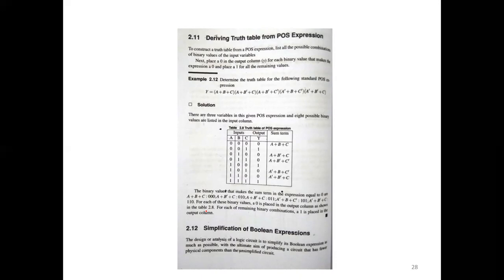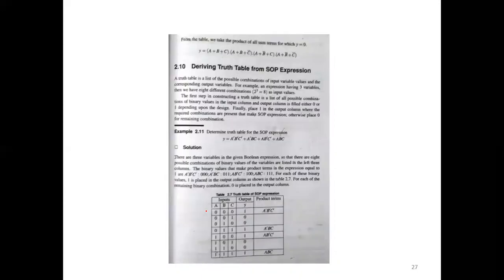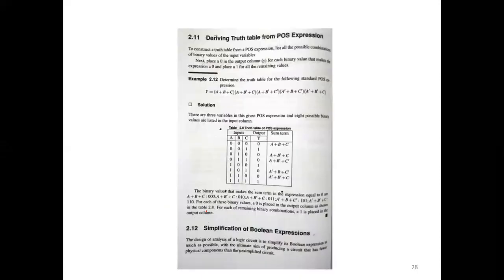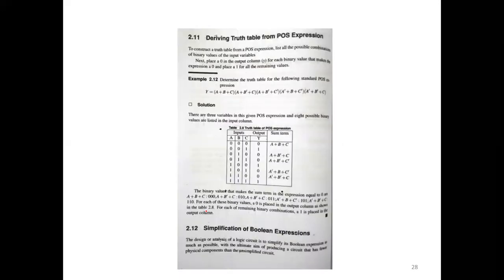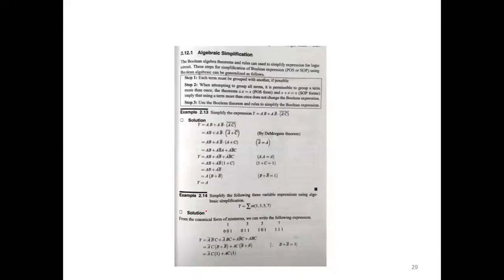You have to represent it according to the output value. In these two tables they have the same output but different values. For the output, we are going to represent the standard form. Next, simplification examples.